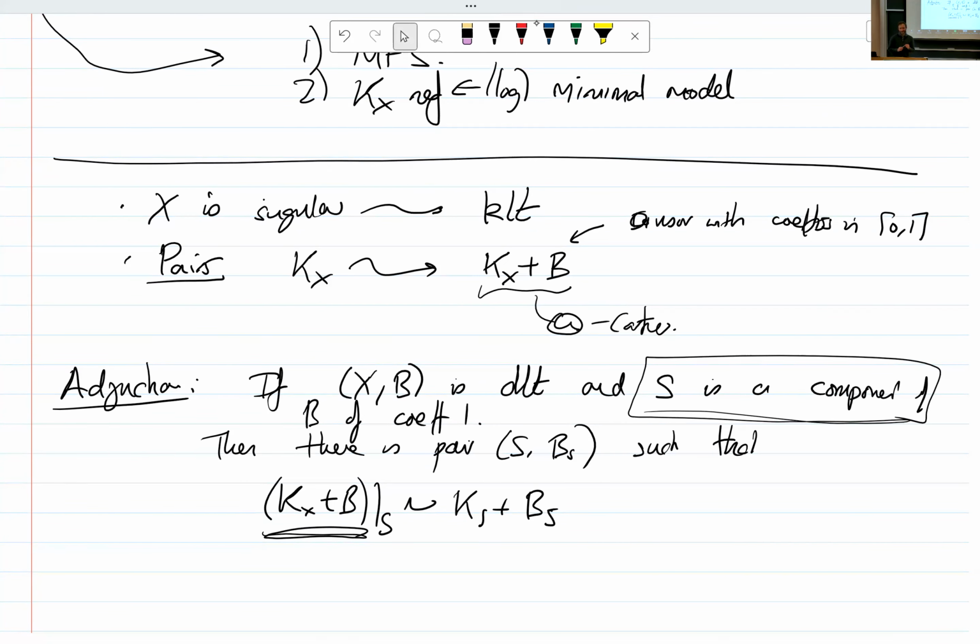Everywhere I'm going to be talking about, resolution either holds or it's going to be an assumption of the theorem. So I'll come back to resolution, but in general, what we know is resolution always holds in dimension 3. So anything to do with KLT, DLT just works exactly the same until you're in dimension 4, and then you have to be careful about exactly what that means.